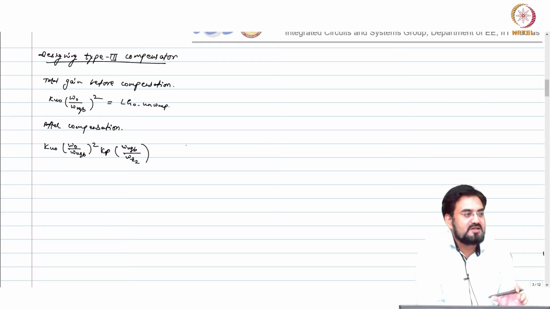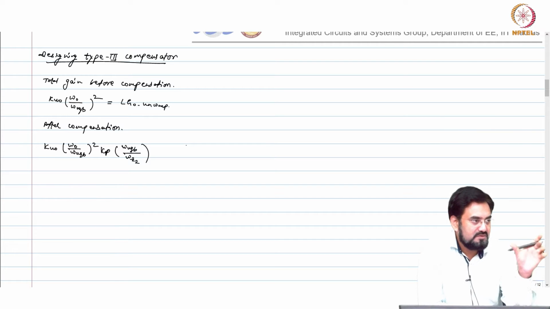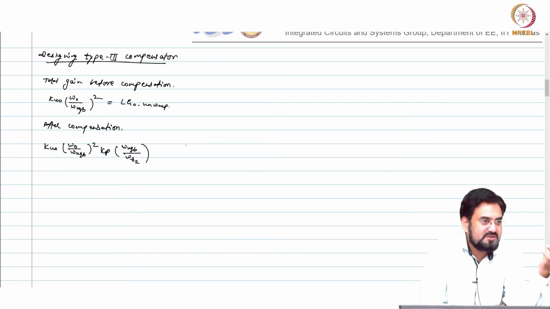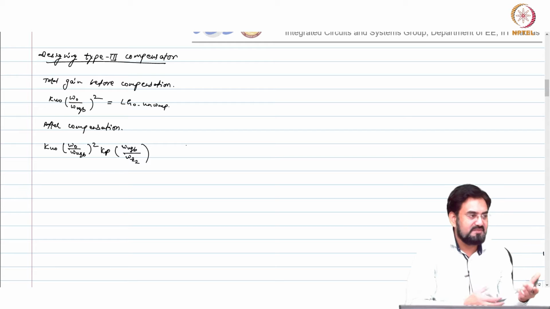This portion should not change. In the type 2, when we considered omega Z2, the only difference was that omega Z2 was coming from the output capacitor ESR, but this expression should remain the same.